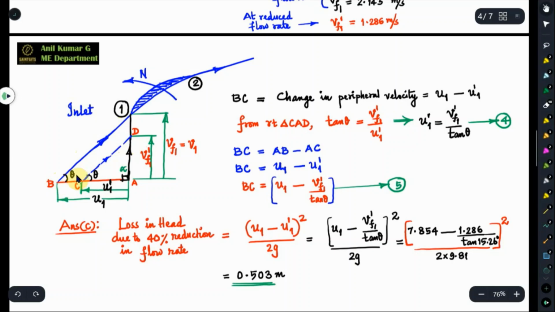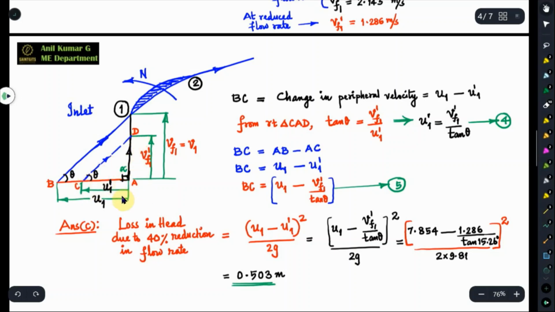Since this angle theta is the vane angle at inlet, which we found out already, that is 15.26 degrees, this angle also will be theta. So from this triangle you will be in a position to find out the base of the new triangle ADC.